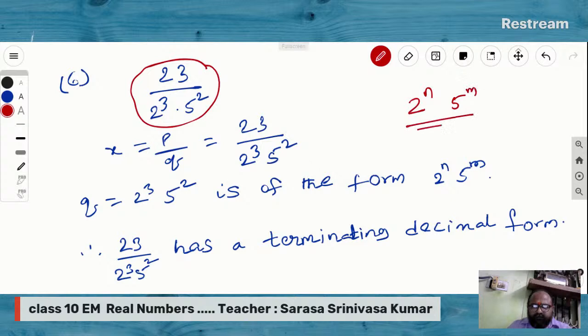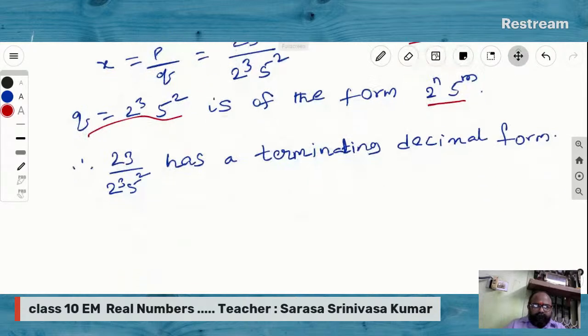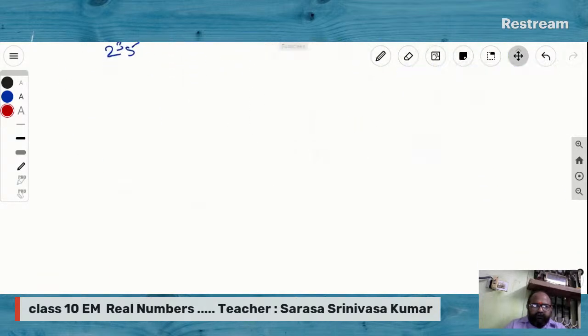If it is, then the given number has a terminating decimal form. If the denominator is not of the form 2 power n 5 power m, then we conclude that the given number is a non-terminating, non-recurring decimal number.